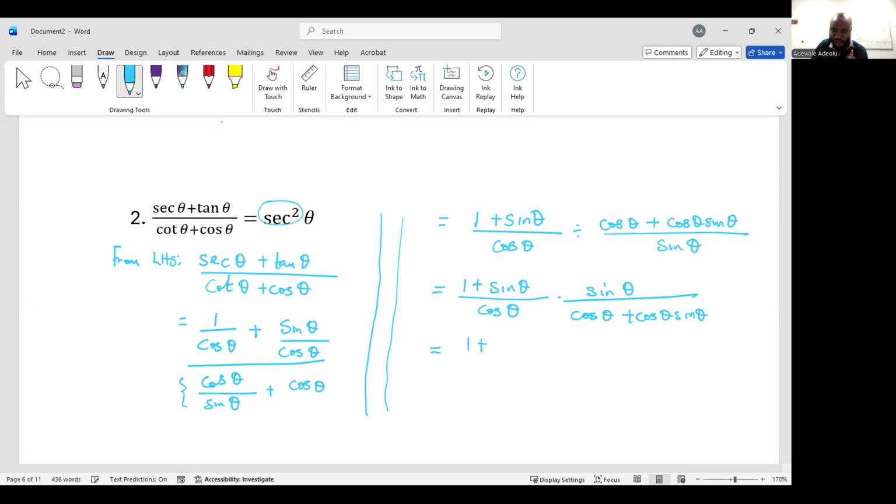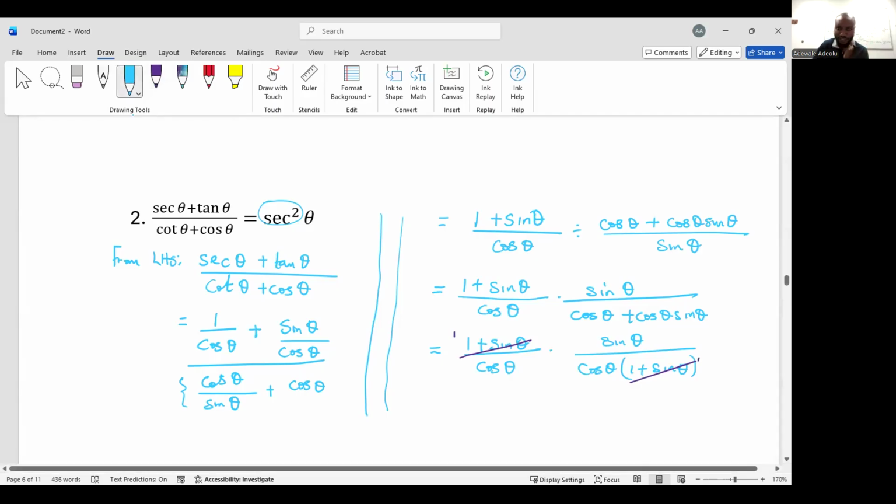What if I factor something out? The cosine of theta times sine of theta divided by, I can factor cosine of theta out, then I have 1 plus sine of theta. Oh, feels like I can do something. 1 plus sine of theta, 1 plus sine of theta, gone.